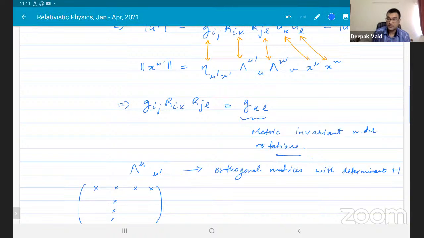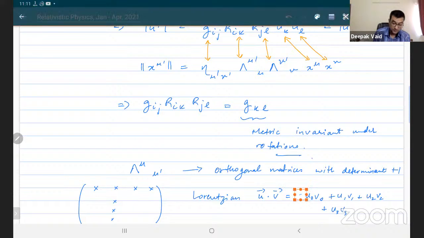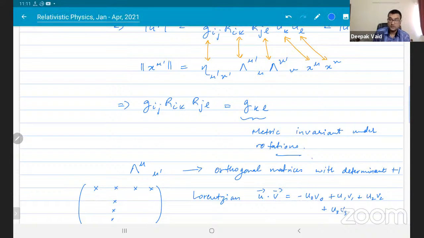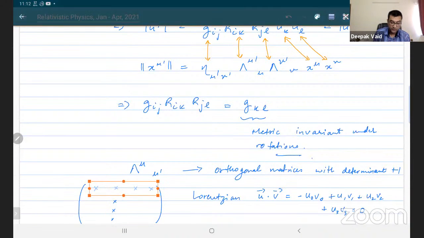So our vectors are not Euclidean, they are Lorentzian vectors, right? So for Lorentzian vectors, orthogonality means that u dot v is minus u0 v0 plus u1 v1, u2 v2, u3 v3. And this has to be equal to 0 for any pair of vectors.